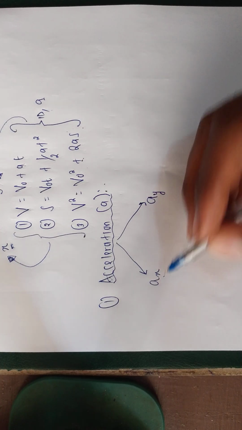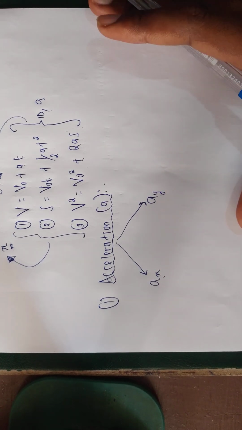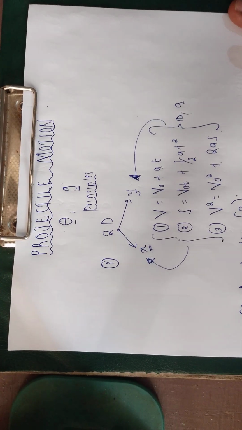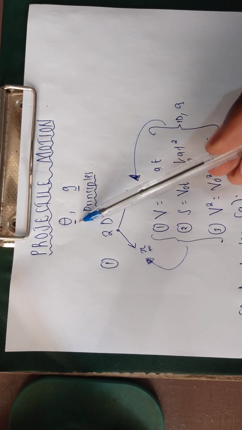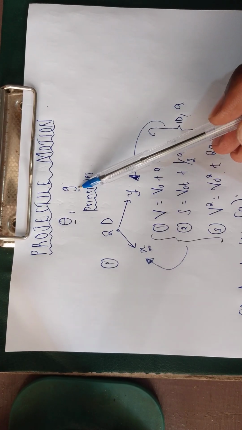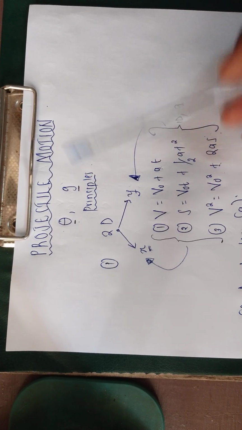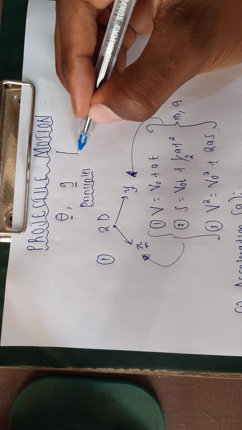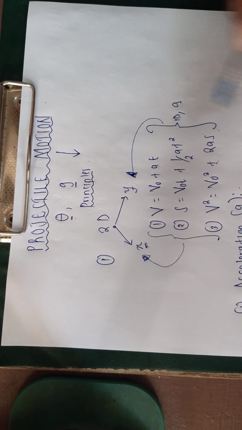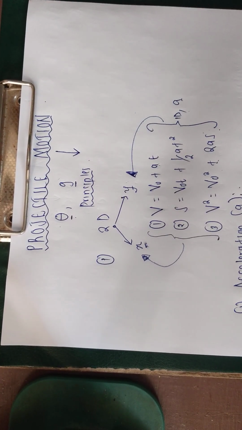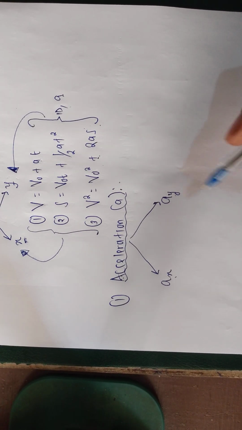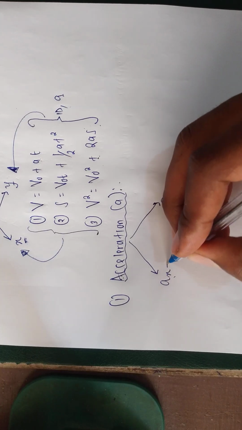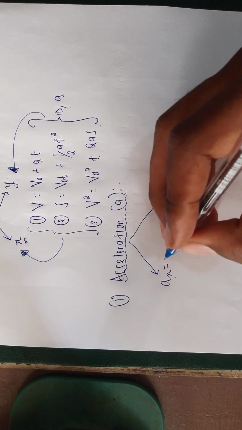To know the acceleration in the x and the acceleration in the y, we'll go back to the definition where we said projectile motion is a motion of an object at an angle being acted upon by gravity. And we all know that gravity is always pointing downwards in the y-axis. So if this body is only being acted upon by gravity, there will be no acceleration in the x-axis.